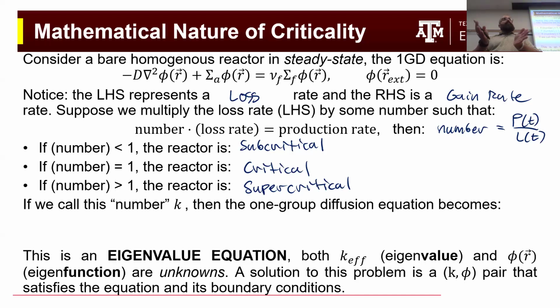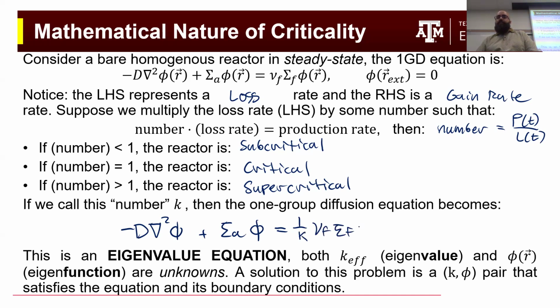So if we write the one group diffusion equation with a K as that number, we would have minus D times the Laplacian of phi plus sigma A times phi equals 1 over K times my production term, nu sigma f times phi. Here I've written phi just as a function of position because it's a steady state problem that no longer depends on time.